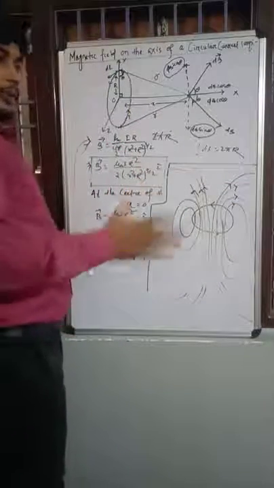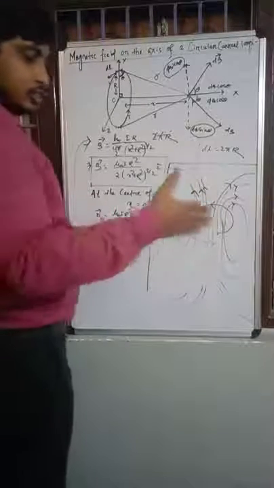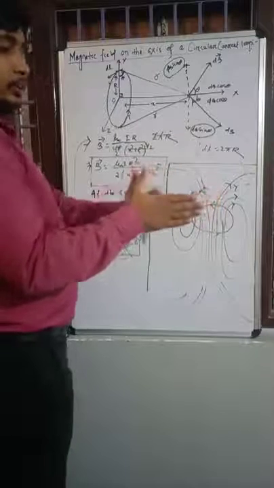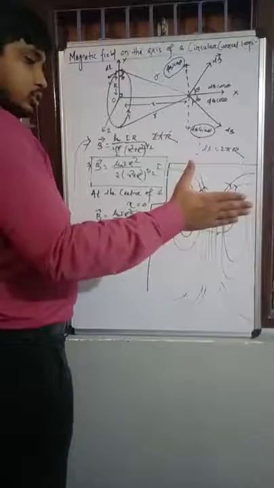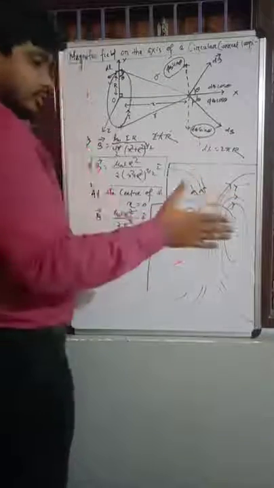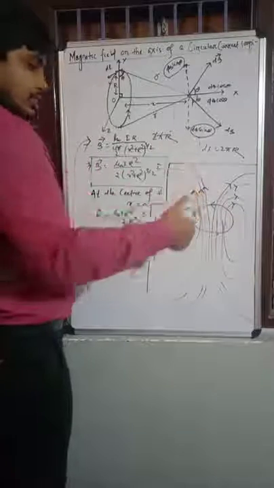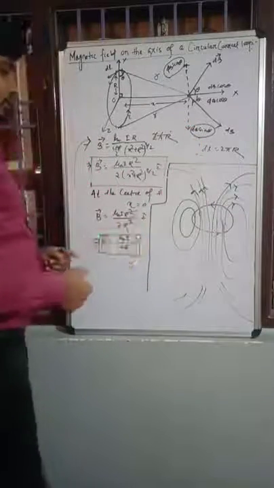Okay, so remember that to find the direction of the magnetic field, you have to stretch your right hand like this, with the thumb perpendicular to the other 4 fingers. Then you curl the remaining 4 fingers in the direction of the current. Then the direction of the thumb will be the direction of the magnetic field.